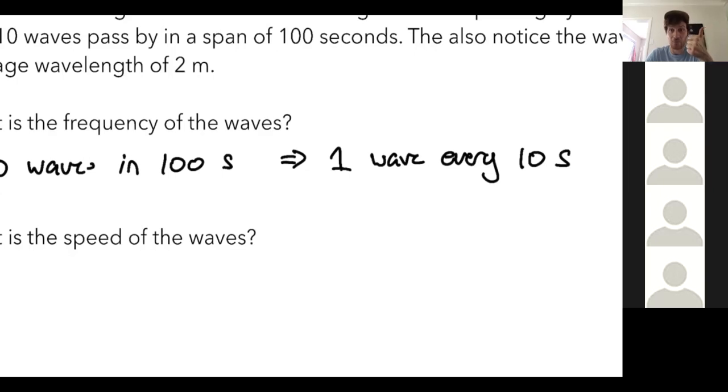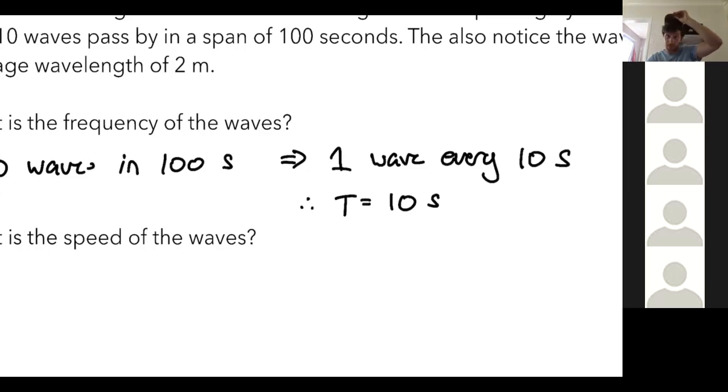Is that the frequency or the period? Okay, remember, frequency is how many times it happens per second, versus the period being the time for one full thing. So if one full wave goes every 10 seconds, then that means that the period of these waves is 10 seconds. It takes 10 seconds for a wave to go by.